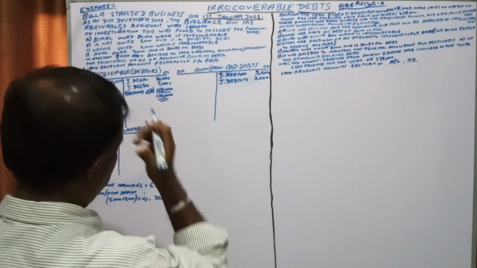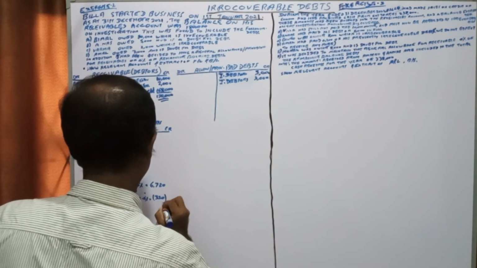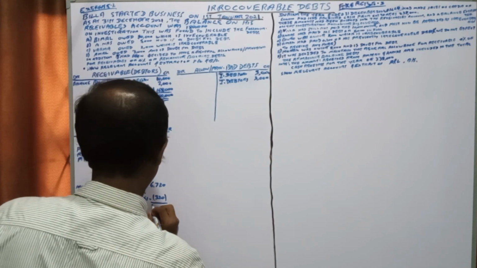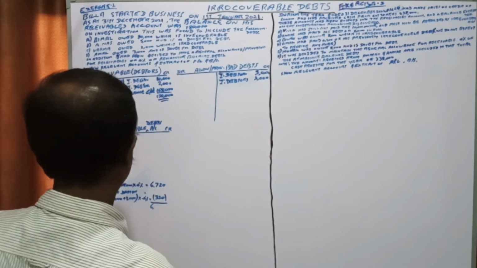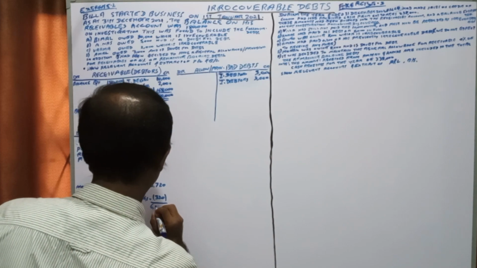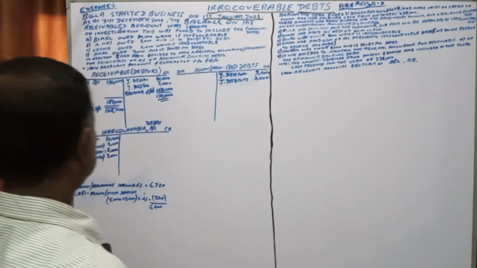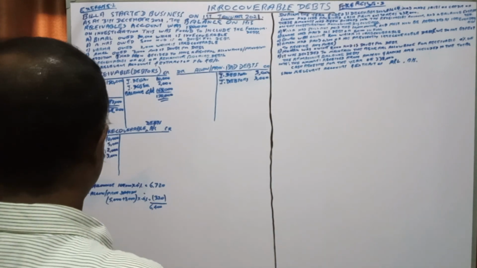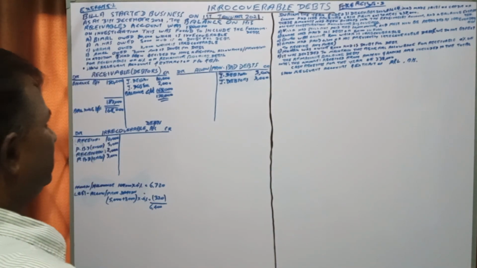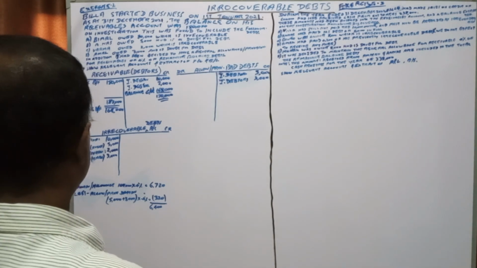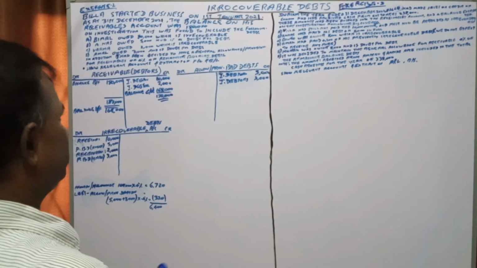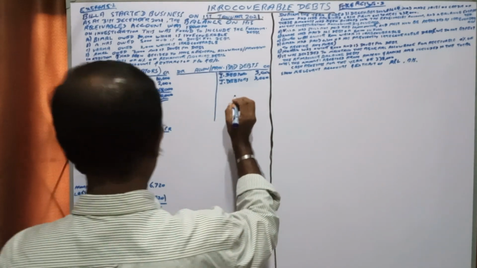We already made it, so we have to deduct this one. Then 6,720 minus 320 is 6,400. So for this 6,400 we have to make a provision, carried down balance.